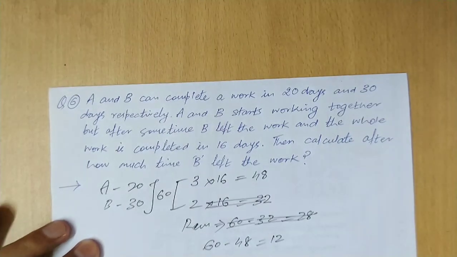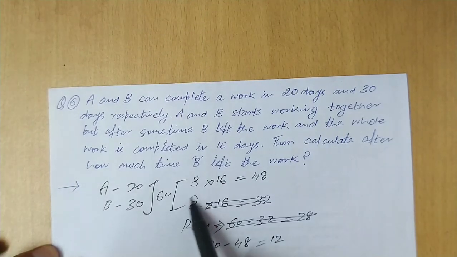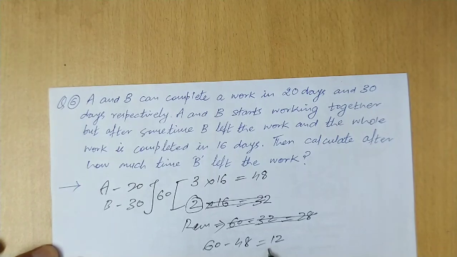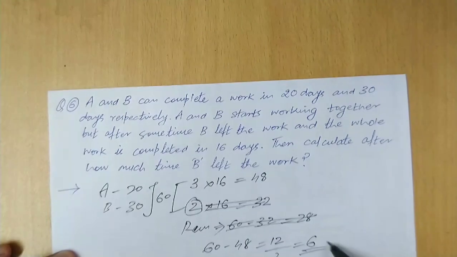Now 12 units of work needs to be done by B. Efficiency of B is 2. So if we divide 12 by 2, we get 6. So B works for 6 days, and after 6 days he leaves the work. So 6 is our answer.